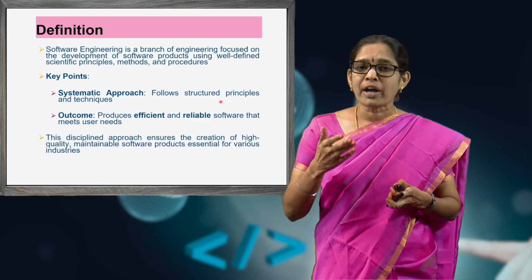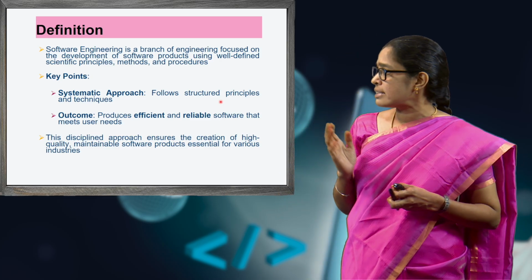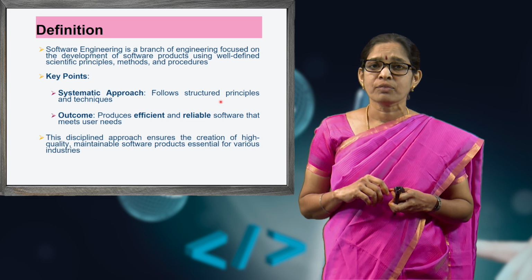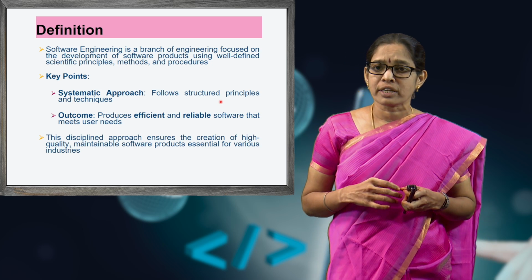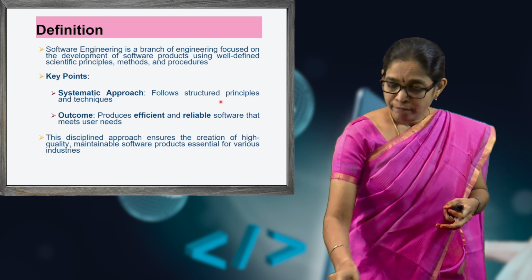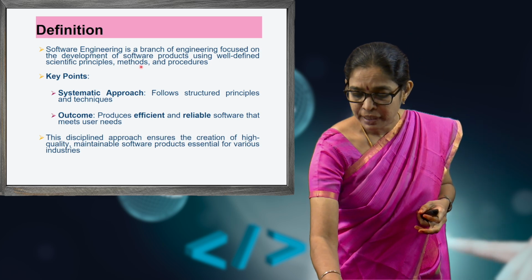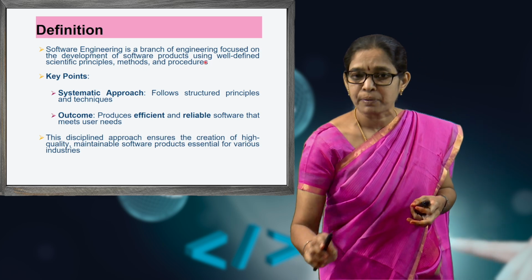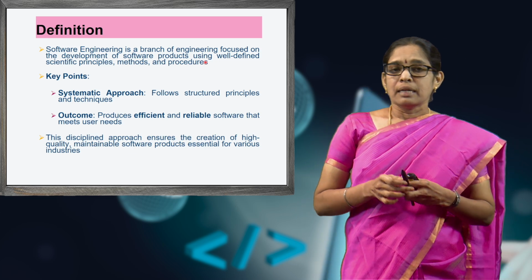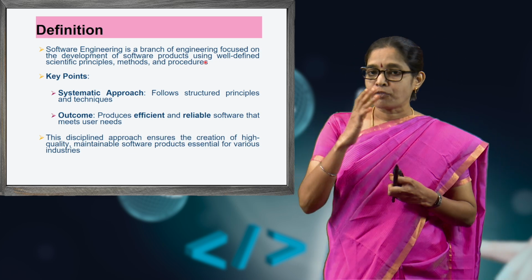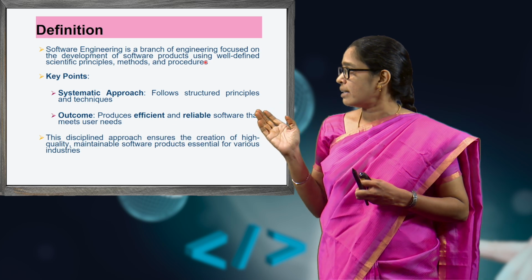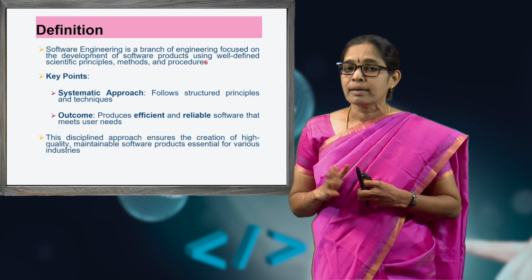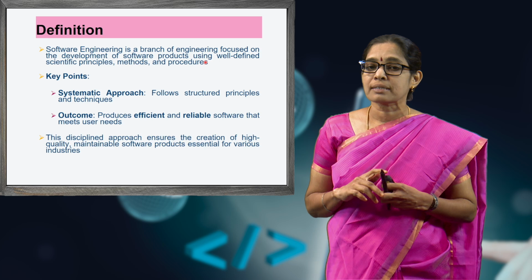So, we can define software engineering as a branch of engineering focused on the development of a software product using well defined scientific principles, methods and procedures. The major outcome of software engineering is to produce efficient and reliable software that meets user needs.